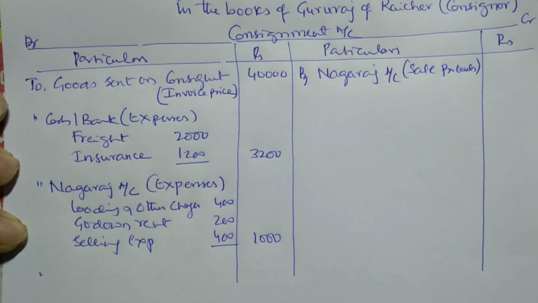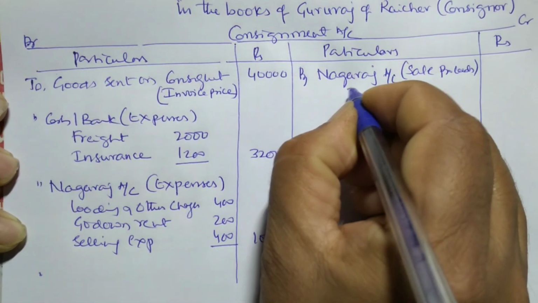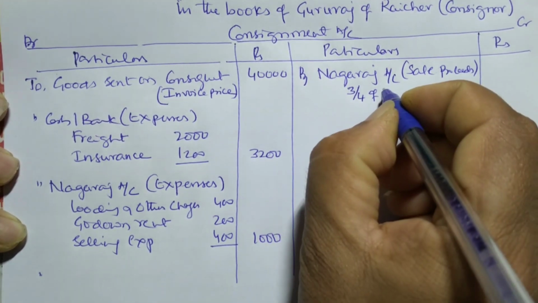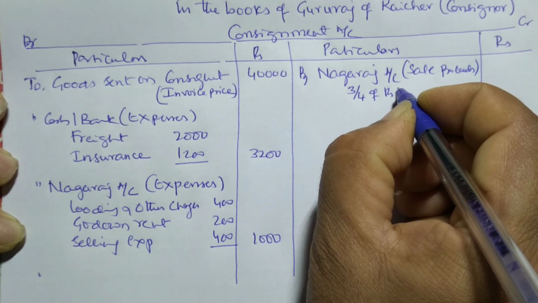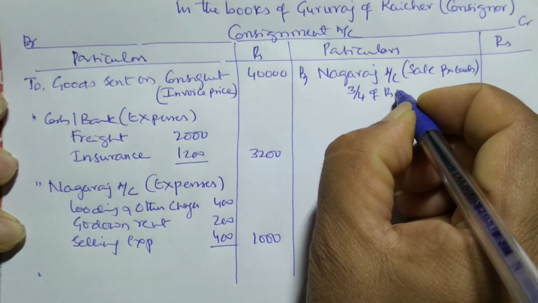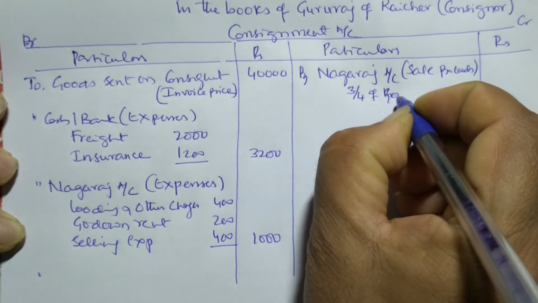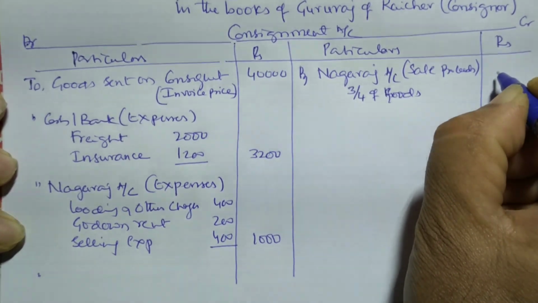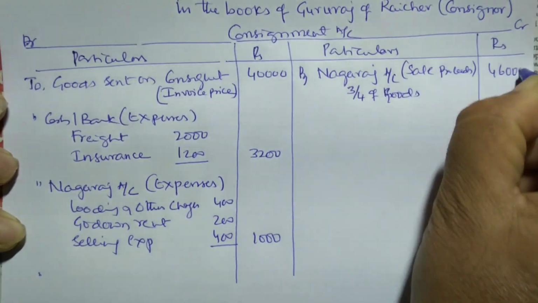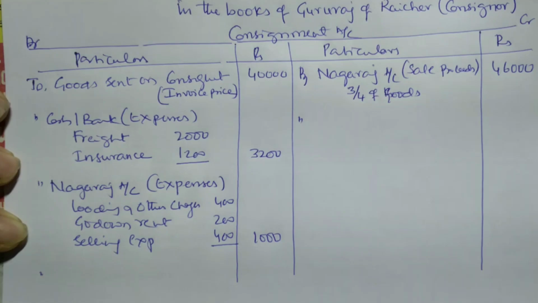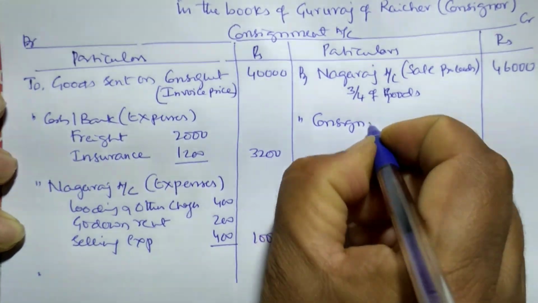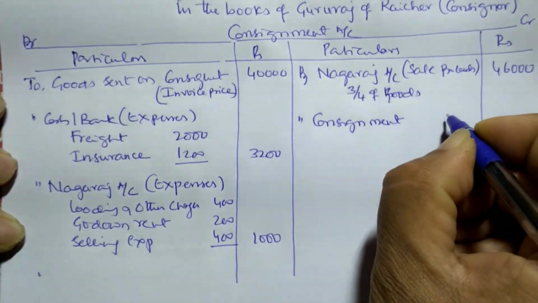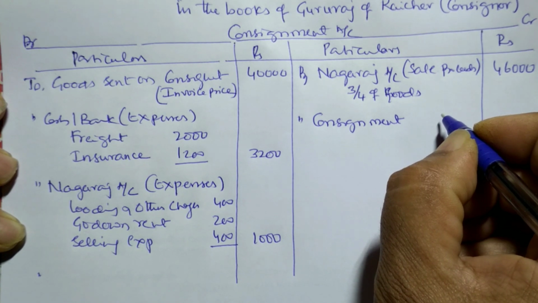He has sold three-fourth of goods, for rupees 46,000. And there is consignment stock that is calculated as 10,900.